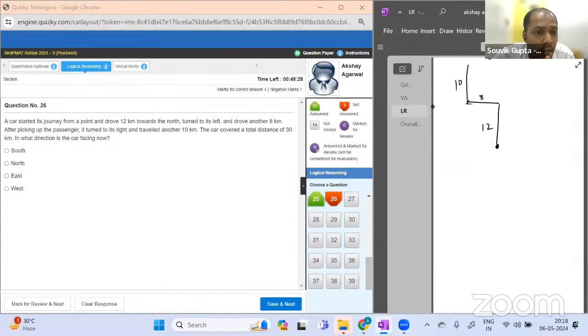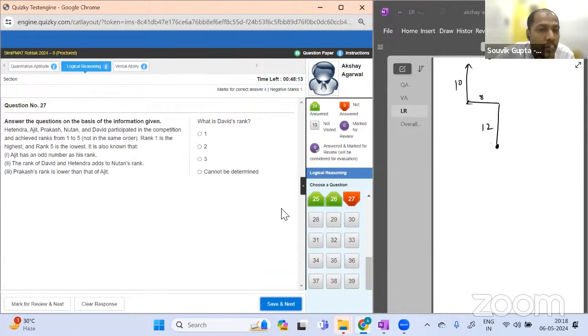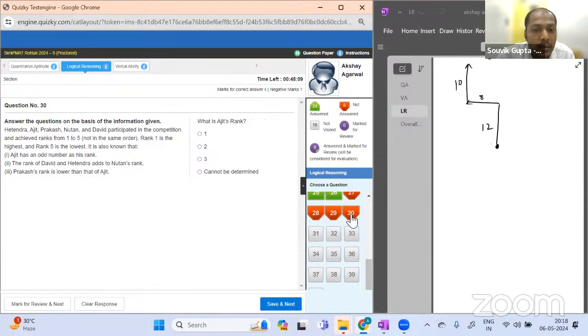The car covered a total of 30 kilometers. In what direction is the car? It's north. That was too easy. Okay. 27, 28, 29, 30, 31. So 5 questions.